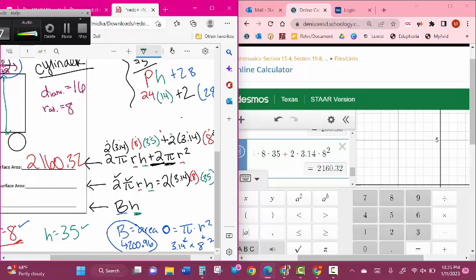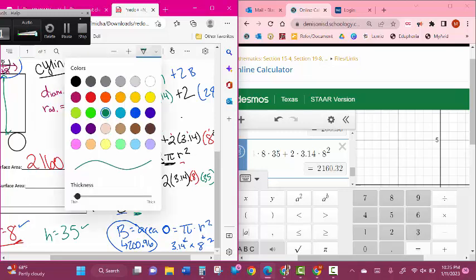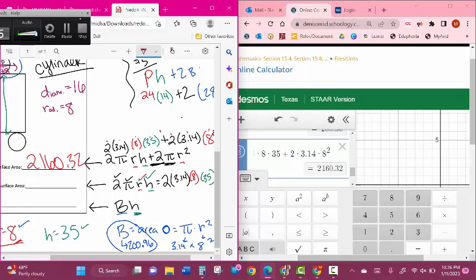Okay, and that is both parts of it. That's all of the lateral surface area formula. So I will go ahead and type this in on the calculator now.